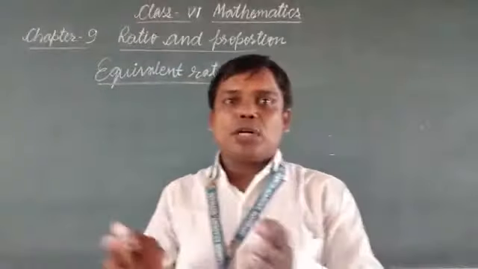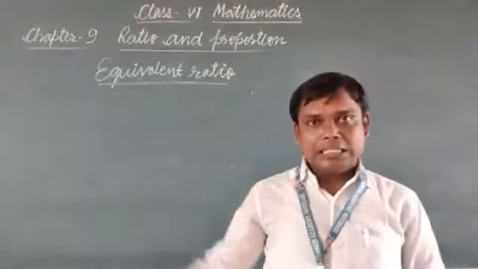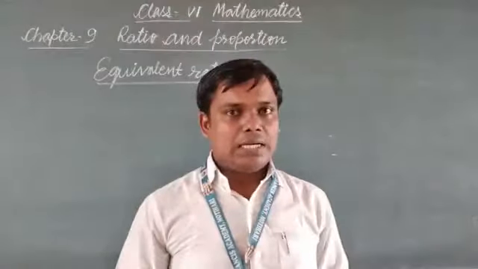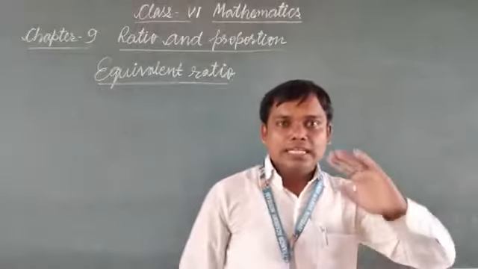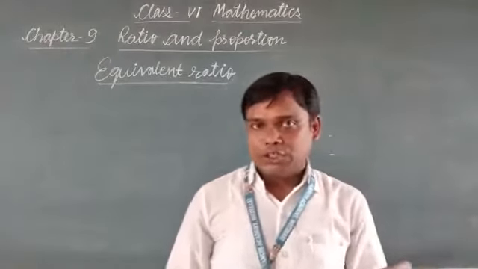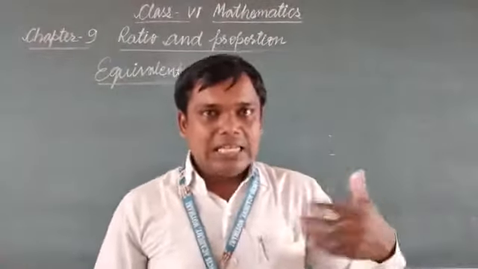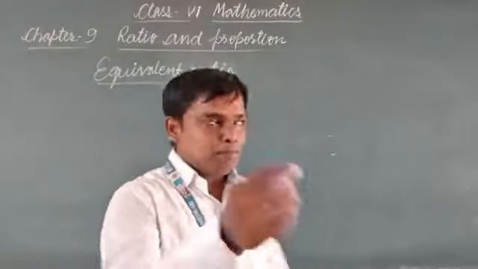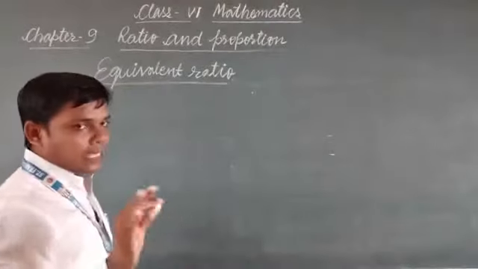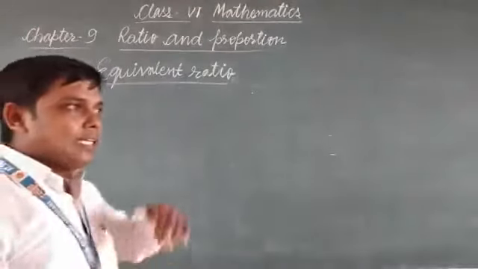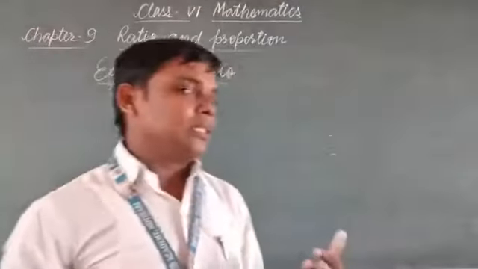If we have to calculate equivalent ratios, then we multiply by natural numbers in both the numerator and denominator, or we can say in the first term and second term of the ratio. Means an equivalent ratio can be calculated by multiplying with natural numbers.